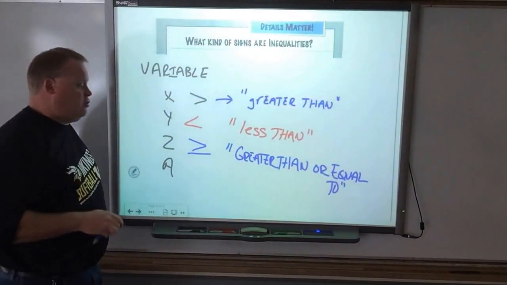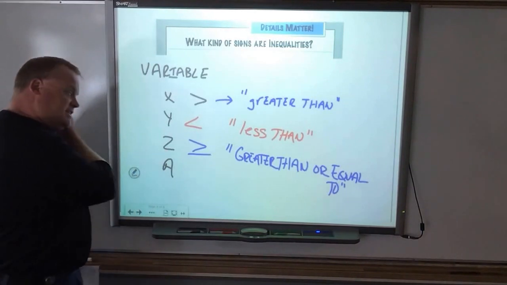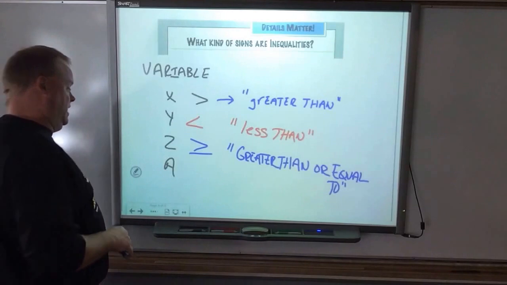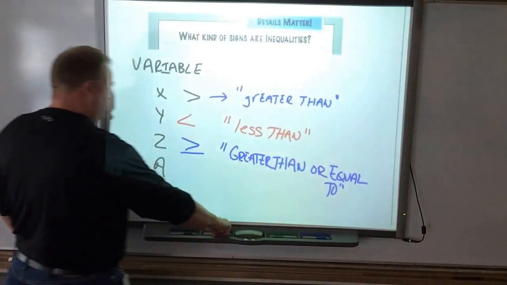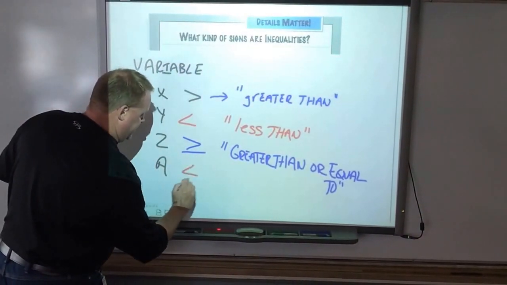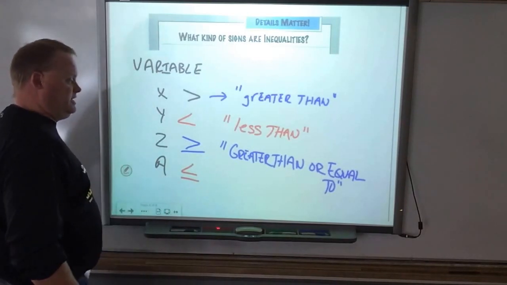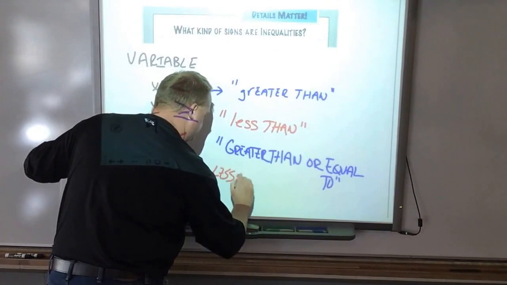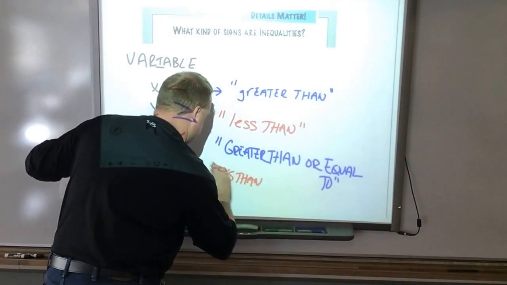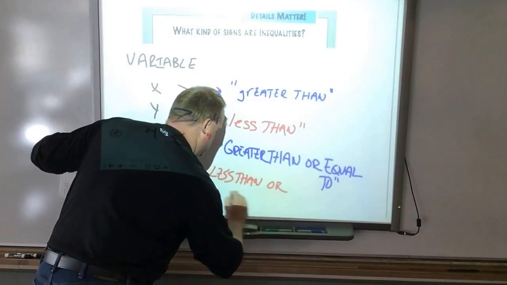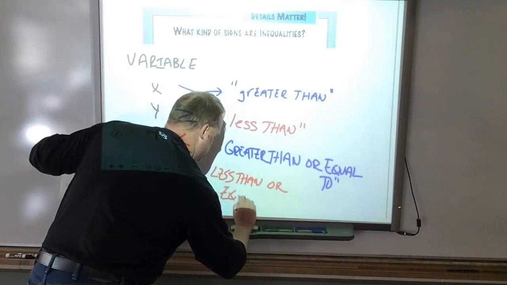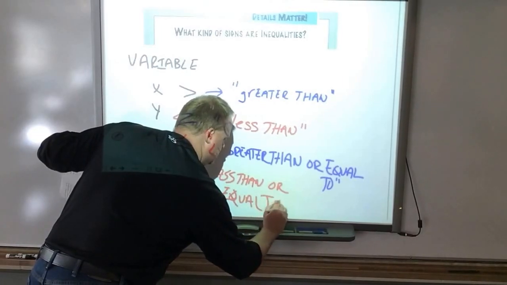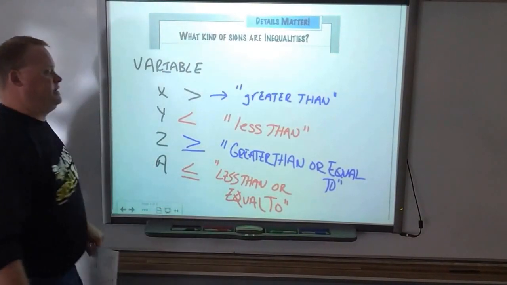It means greater than or equal to, and that is read as Z is greater than or equal to whatever is on the right-hand side. And last but not least, I would have less than or equal to. And these are our four signs.